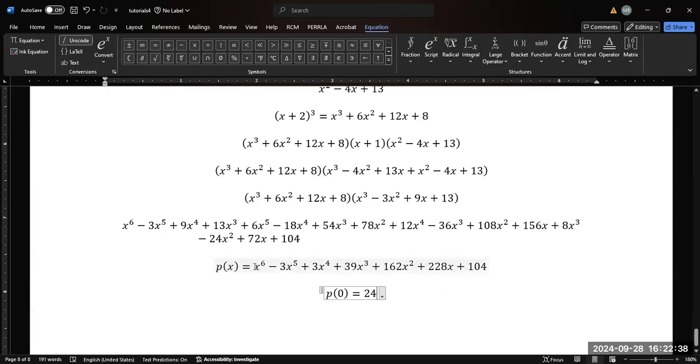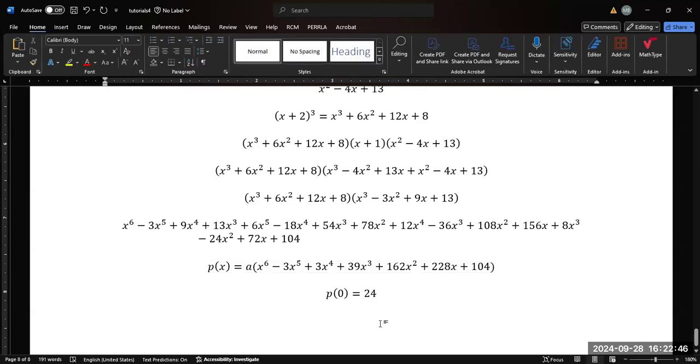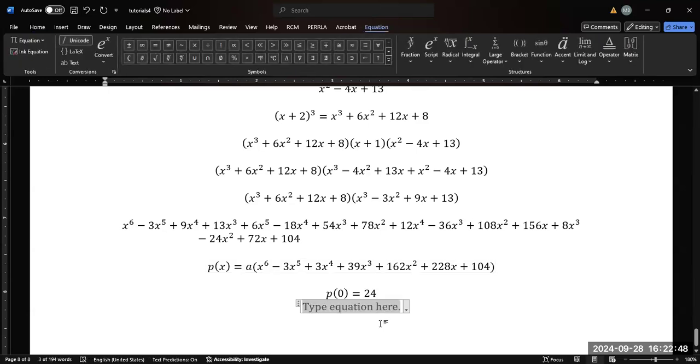So what we need is, again, to multiply everything here by a. And so what we know then is that a times 104 is equal to 24. And so our scaling factor is going to have to be 24 divided by 104, which is 3 out of 13.